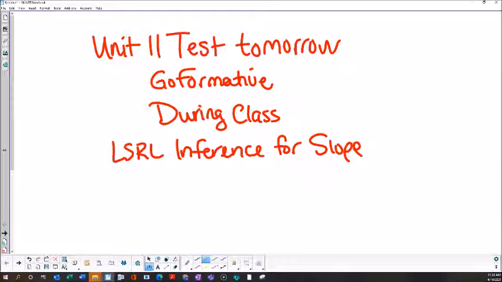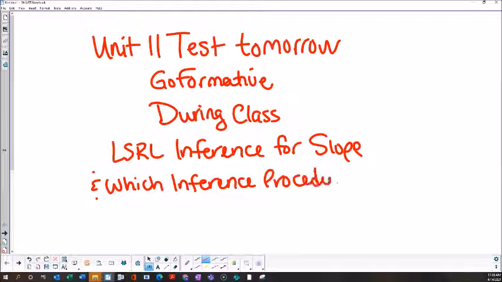That's kind of what we've done since we came back. What about LSRL test? Yeah, so inference covers confidence interval and test. Big bubble, okay? So both of those will be on the test tomorrow.